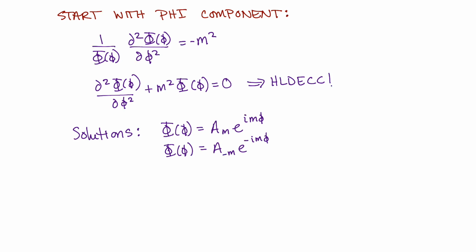It just is nice and easy. Okay, so here are the solutions to our HLD-ECC up above. We have one version where we have positive m values, one version where we take on negative m values. Okay, so now we are in business.